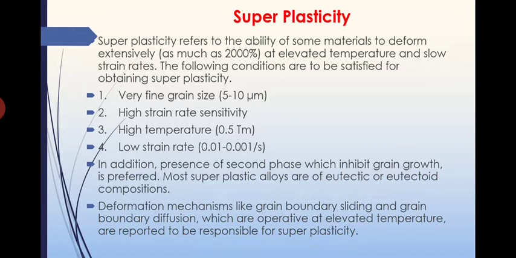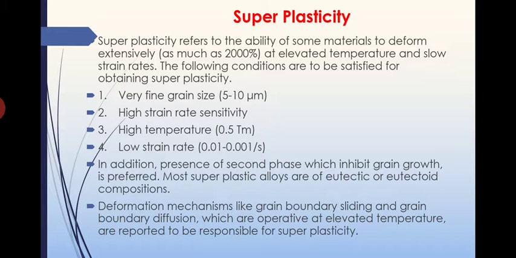At low temperature, they will be very hard and having high strength, everything. So if you want to deform it into different shapes, then of course lot of mechanical manufacturing processes are available, but still with less force and less effort we can fabricate much more complicated shapes. That is the importance of superplasticity.